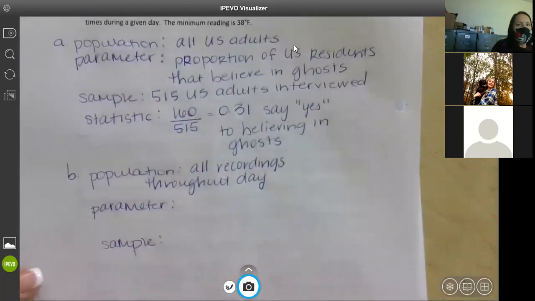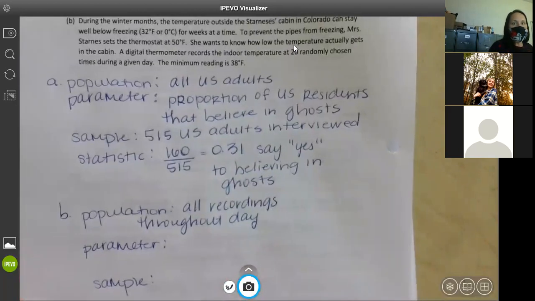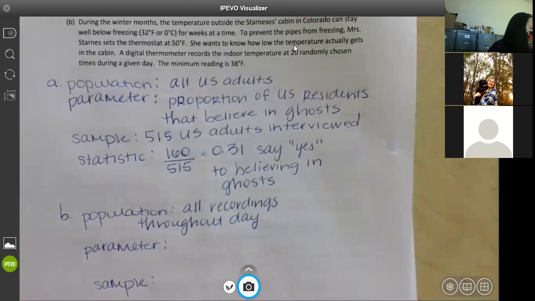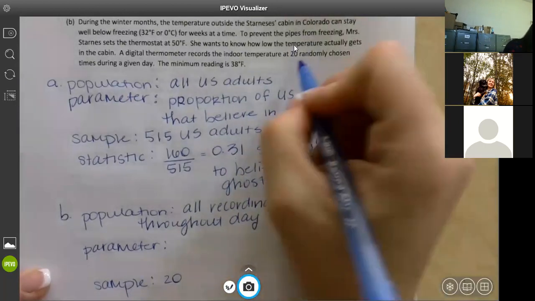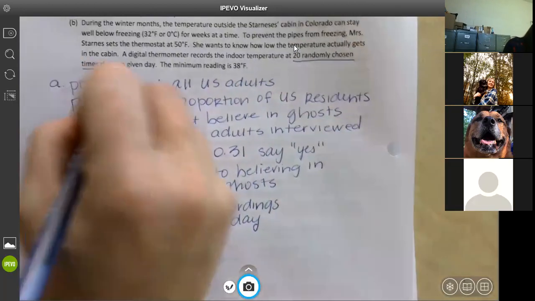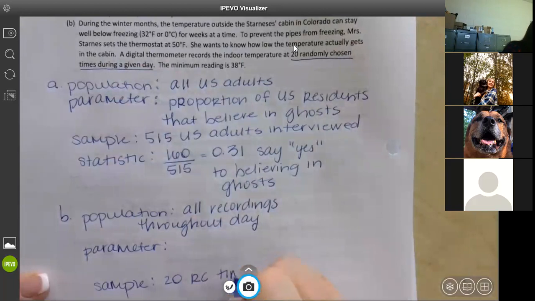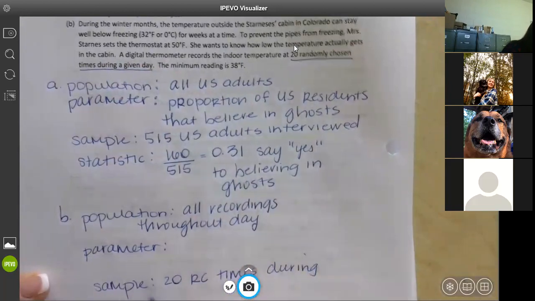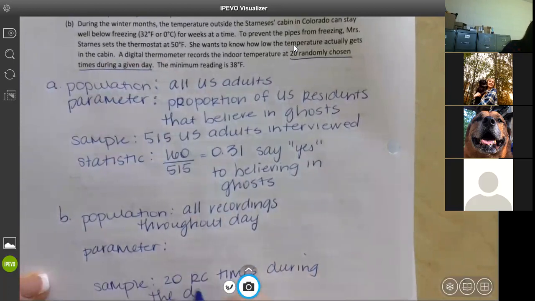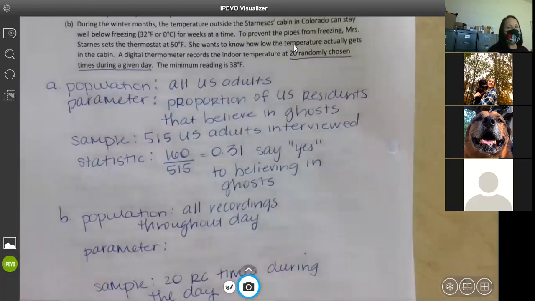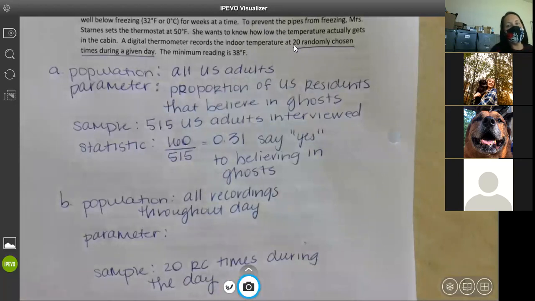What was our sample of that population? The 20 readings. And be specific, the 20 what? Randomly chosen times during a given day. You could have said the 20 randomly chosen readings during the day, that's fine.